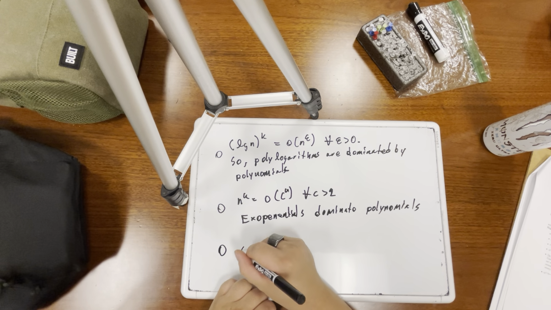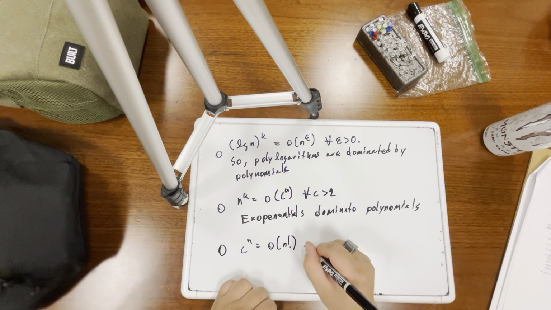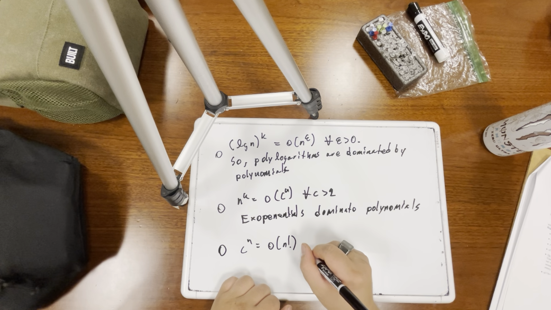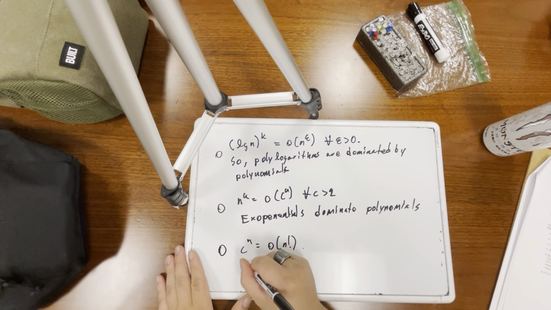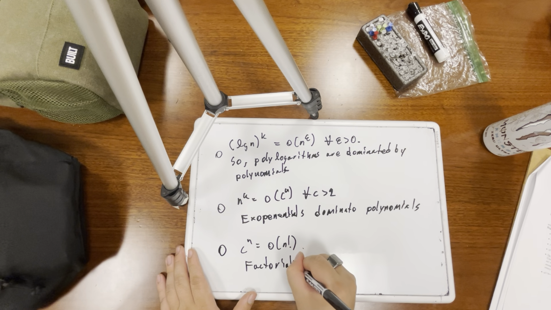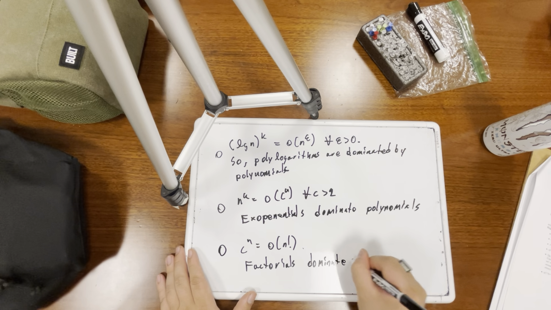And c to the n equals little o of n factorial. This carries with it the same assumptions as we had earlier, so I'm not going to keep putting that, but factorials dominate exponentials.